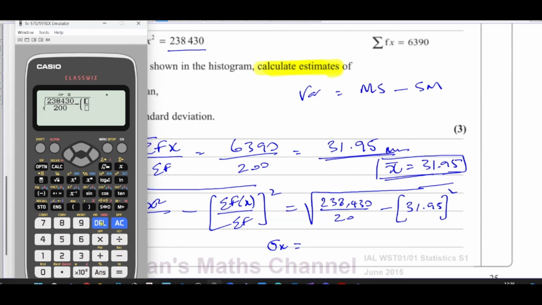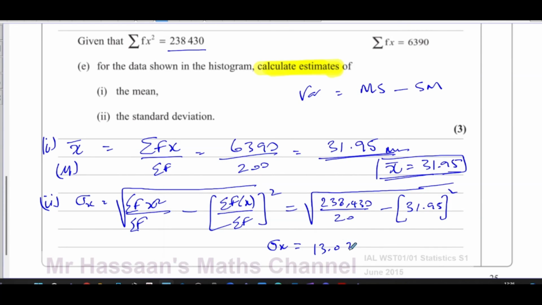I don't need the fraction there. 31.95 squared. And that should give us the standard deviation, which is 13.0899, and it goes on. So we can say, therefore, the standard deviation for x is 13.1 to 3 SF. So we found the standard deviation and we found the mean. Now we're going to move on.